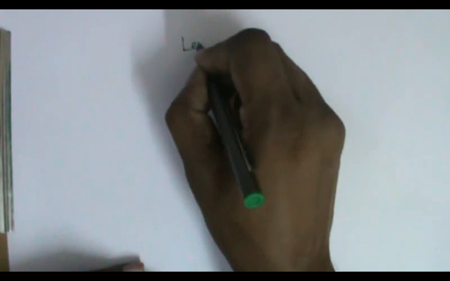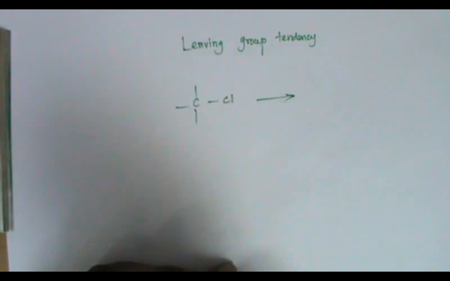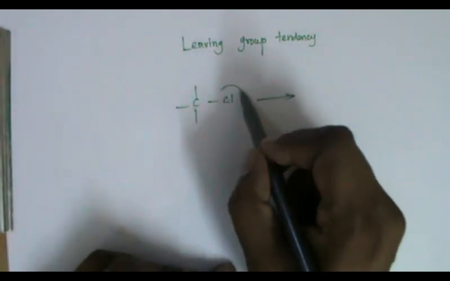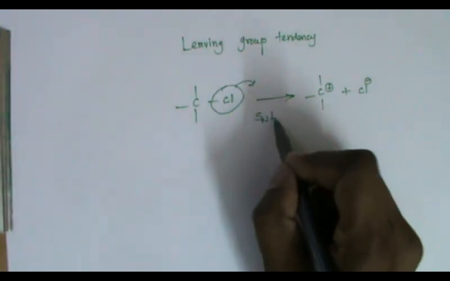The last one is leaving group tendency. I go for this compound. In protic solvent, this Cl goes as Cl minus to produce a carbocation. So this is the SN1 mechanism.